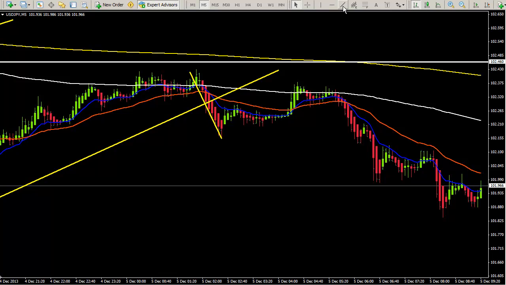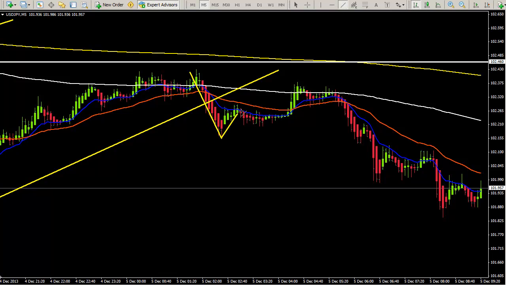If you want to hedge a position, you can hedge it with the same amount you are long. Like if you have one position long, let's say just one mini lot or one standard lot, you hedge it up with the same size. If you only want to hedge it up and make money on the retracement, okay?